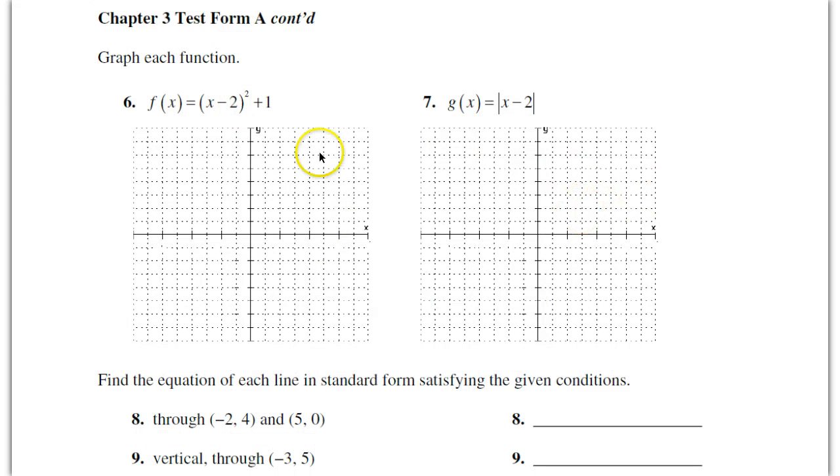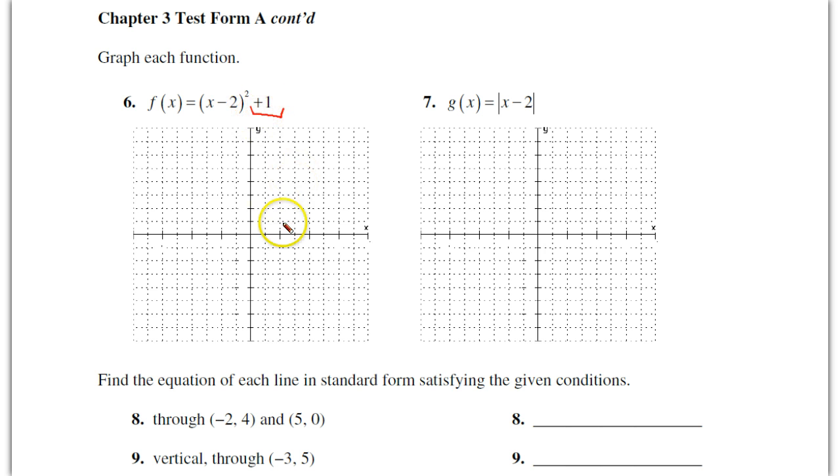Now for number 6 and 7, I don't think we're including this, but just to give you a little background, we'll do it. So here we know our 1 here. In this position, that's our y value.